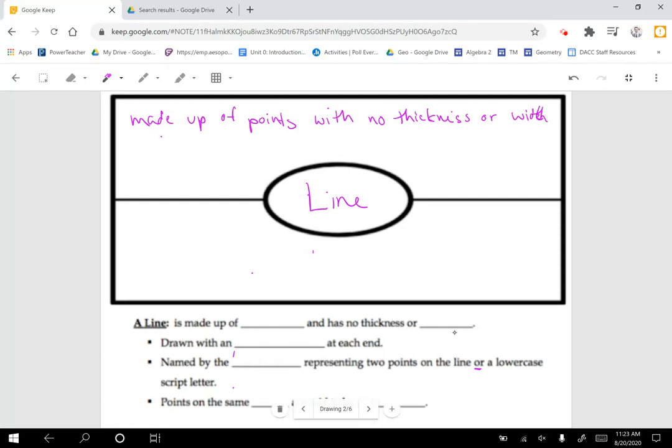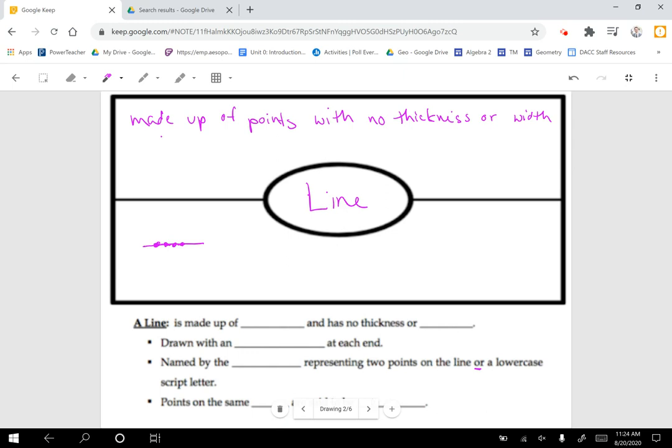So I know that we're used to seeing lines drawn out. Like you draw the line first, you put points on later. If we actually want to break it down to the complete basics of a line, it actually starts off as a whole bunch of points. And a line is just, if we get so small and small and small until we get together, that's how a line is actually made.